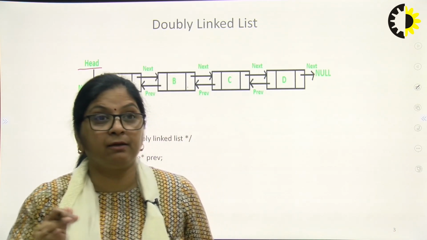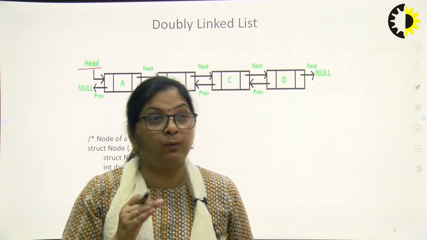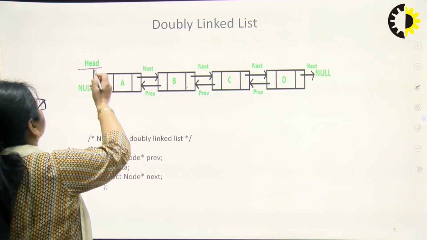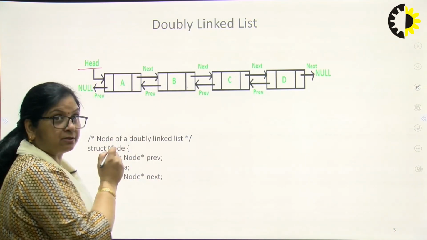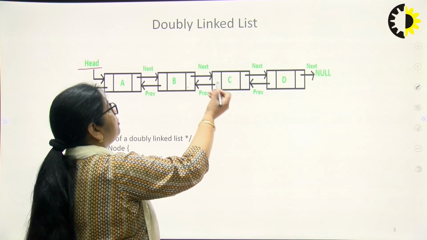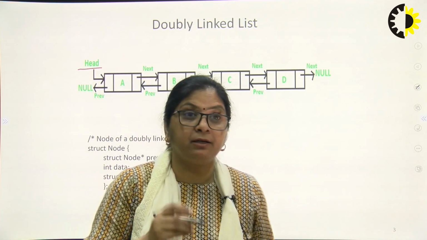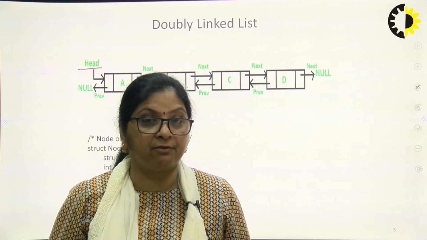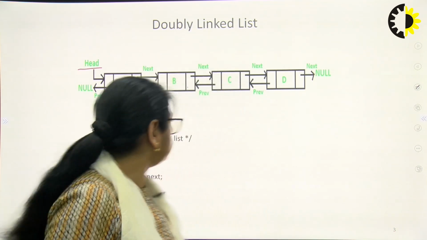When we have to traverse the list, we start from head, then take its next pointer to go to the next node, then the next pointer of that second node to go to the next node and so on. The first node contains the address of the second, the second contains the address of the third, and so on.